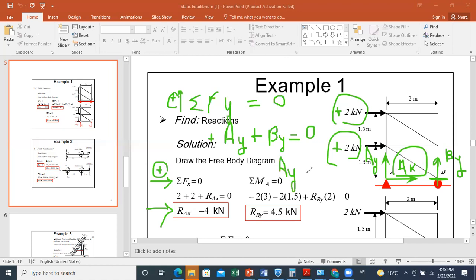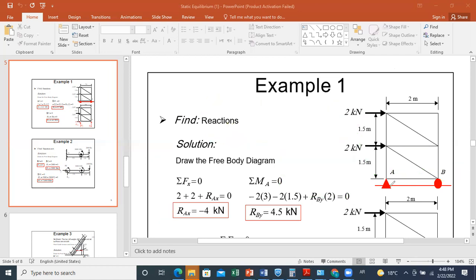Okay. Now we still need one equation to solve our system because this is a first relation between AY and BY. We need another one to solve for AY, BY. For the third relation, you have several possibilities. You can write sum of moment about any point on your figure. Try in general to select a point that is simple to do sum of moments about.